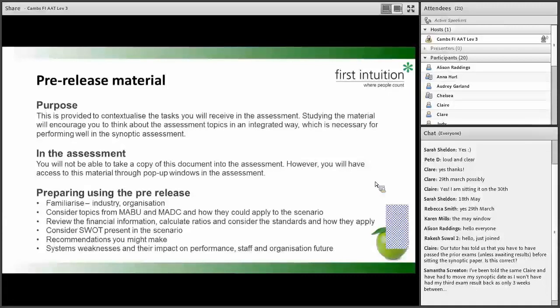Things like benchmarking, product life cycle, value analysis, all of these topics that you'll see in your course notes. Think about how relevant are they to this scenario. How might I be tested on this? How useful might that technique be to this organisation?